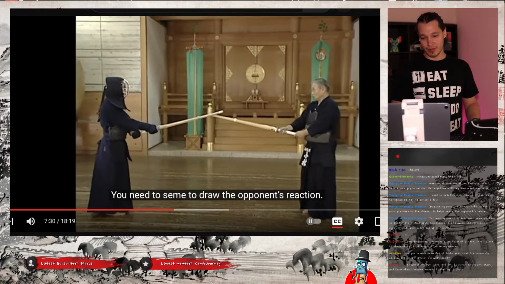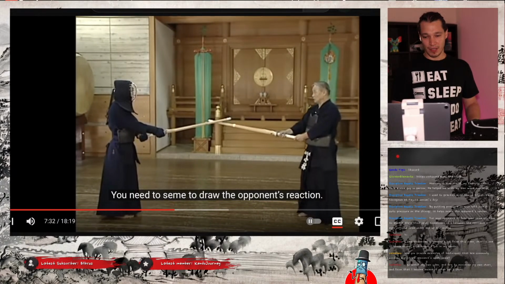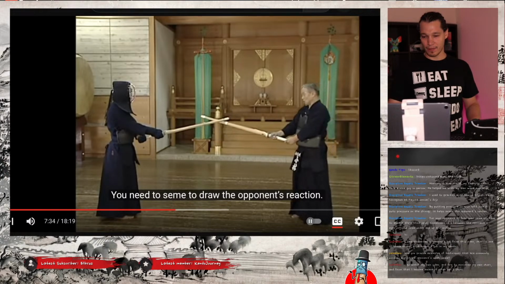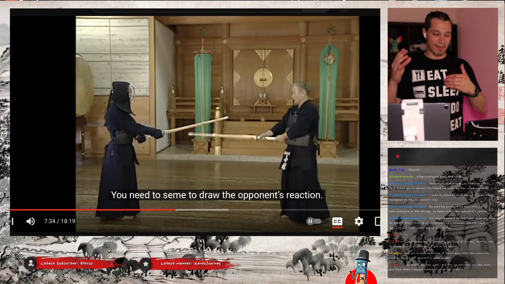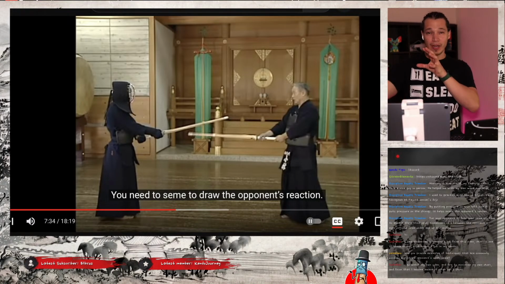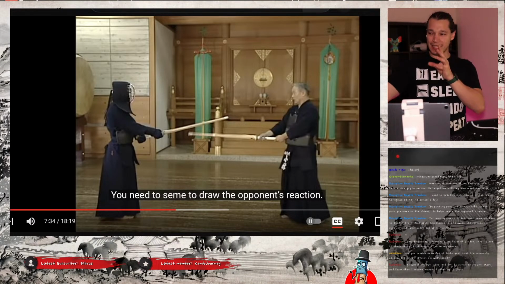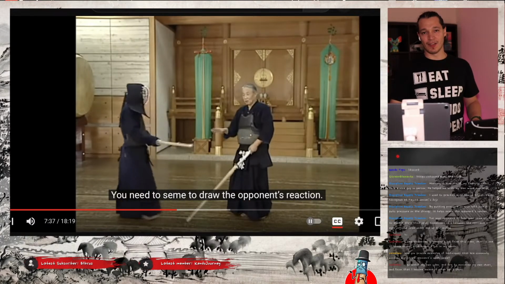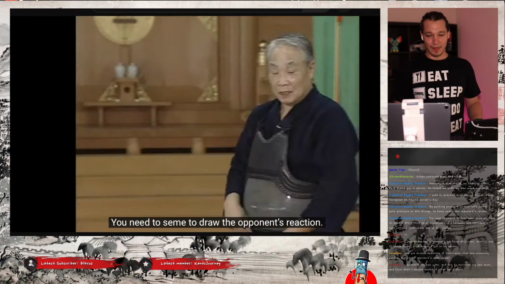So if you watch this little demonstration, he's closing the distance, he's trying to put pressure, and maybe through feeling the shinai, looking at the opponent, he understands that this person has already made the decision to come forward. So then he takes advantage of that and takes it.